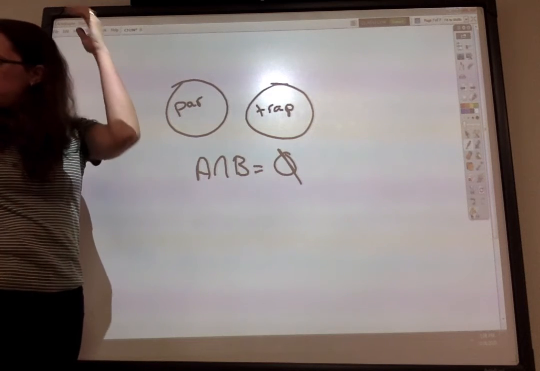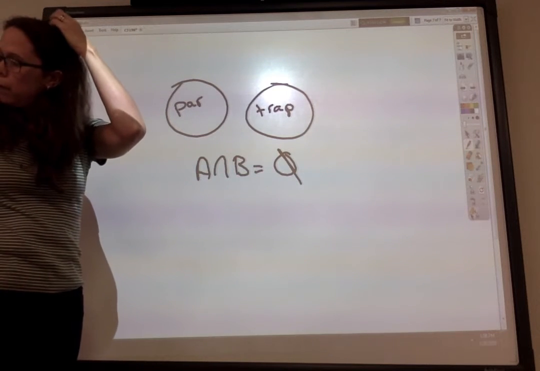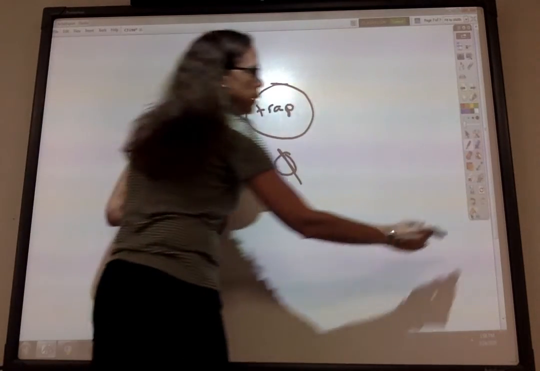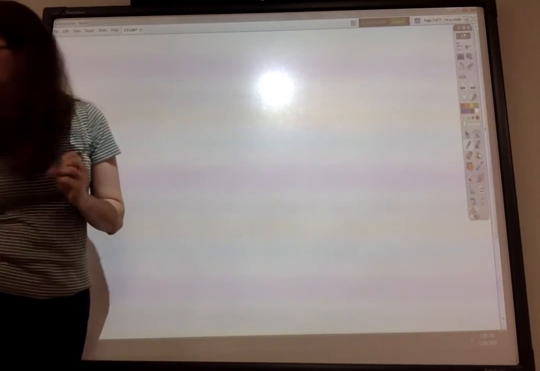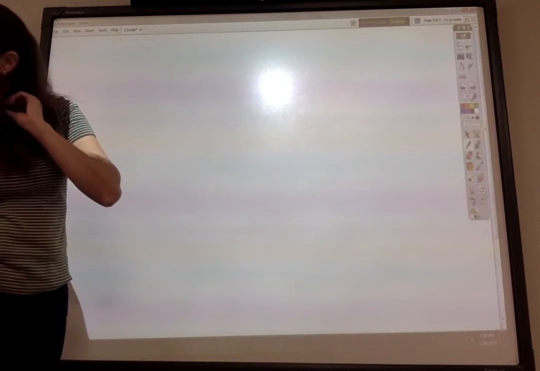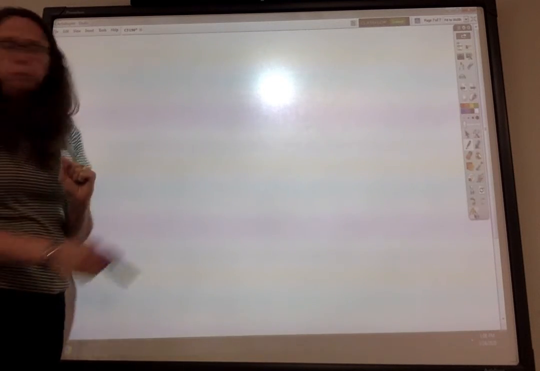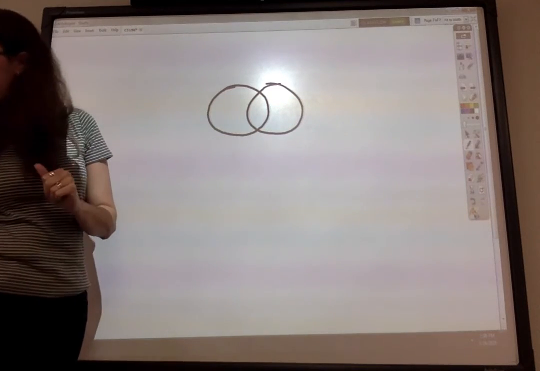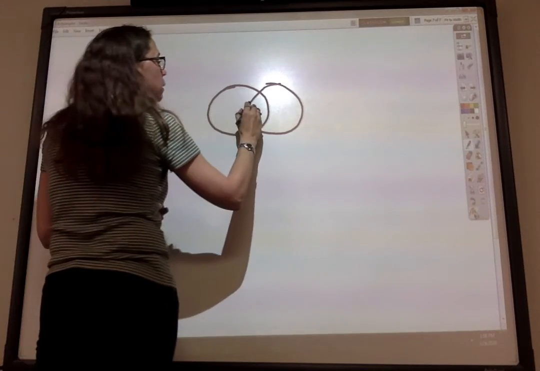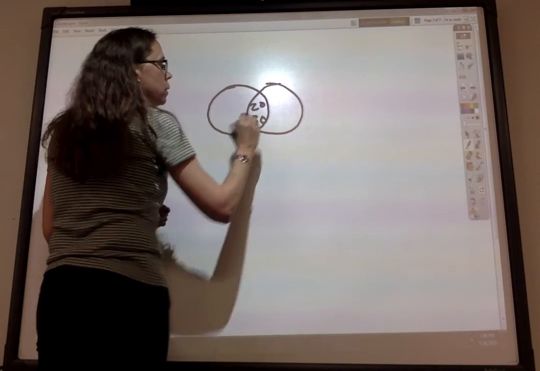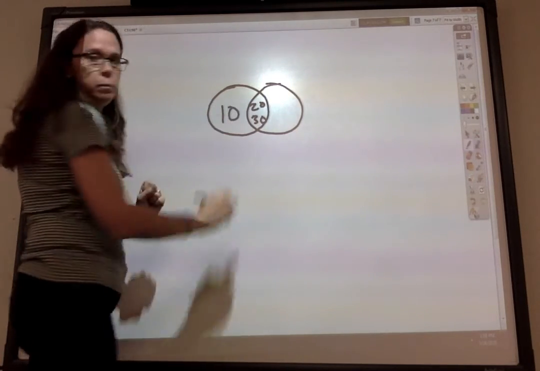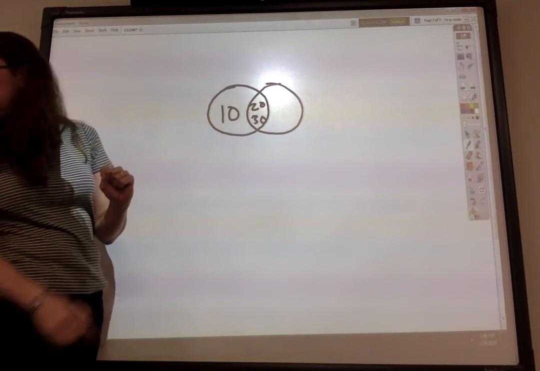In I and J, they want us to draw a Venn diagram and find the union. Okay? So on I, we should have drawn our circles overlapping. They have in common 20 and 30. Then set A also has 10, and set B also has 40.